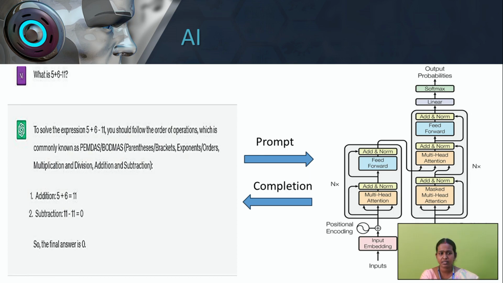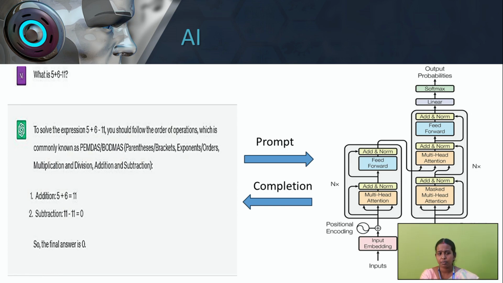For example, I'm just asking a question. You can see it: what is 5 plus 6? I'm putting a question in normal text format, and it is understanding it. The question I'm putting is called a prompt, and after processing it provides me the output. For addition it gives me the answer 11.